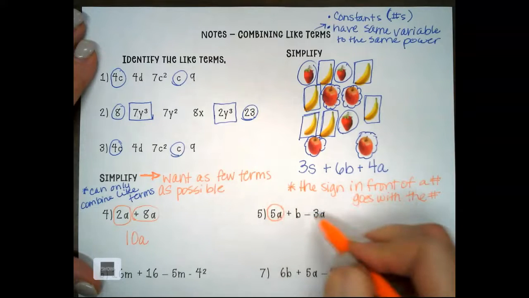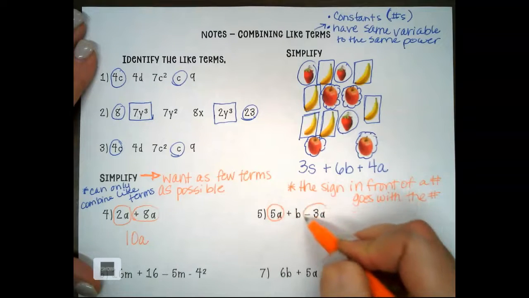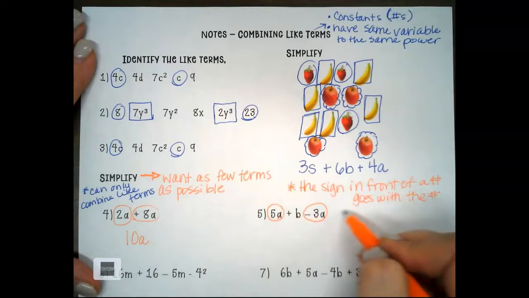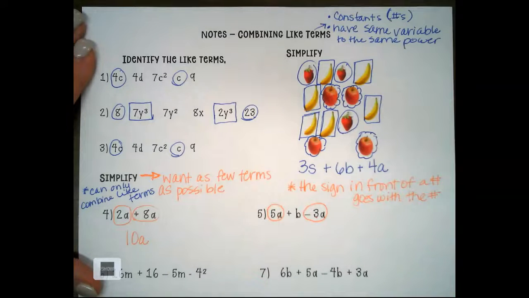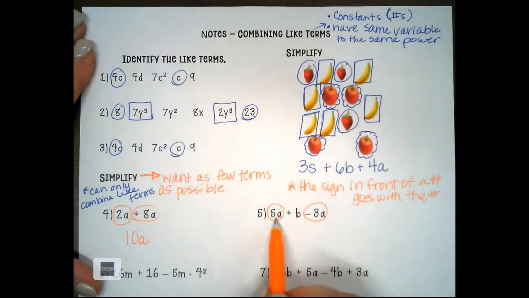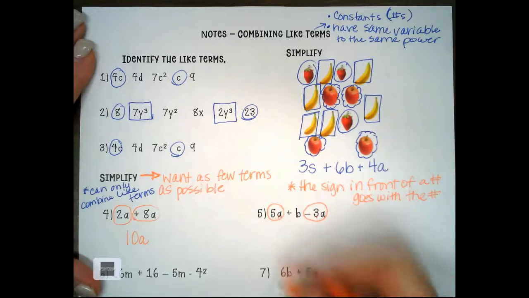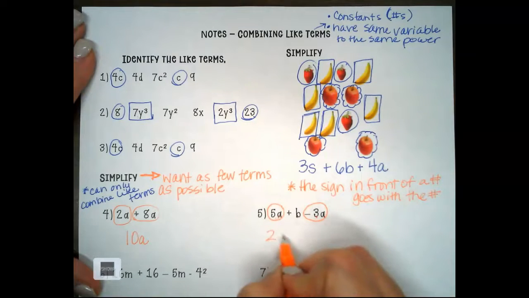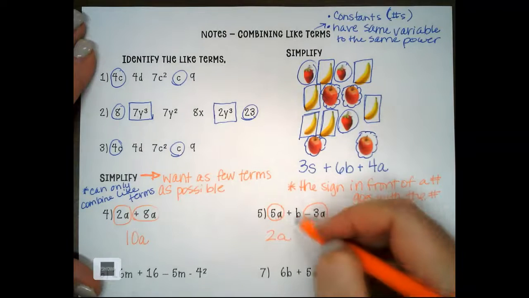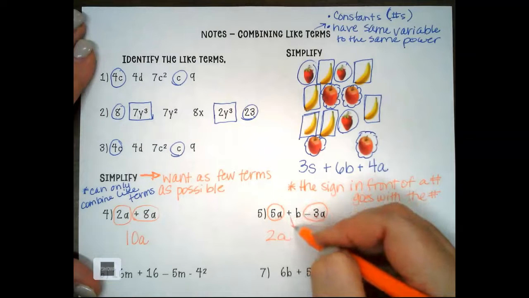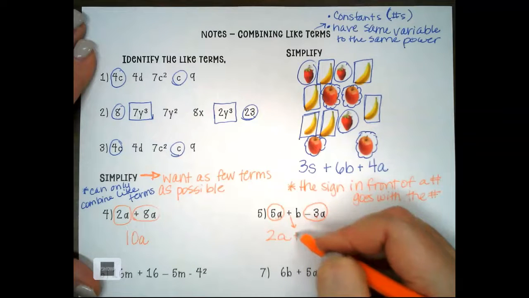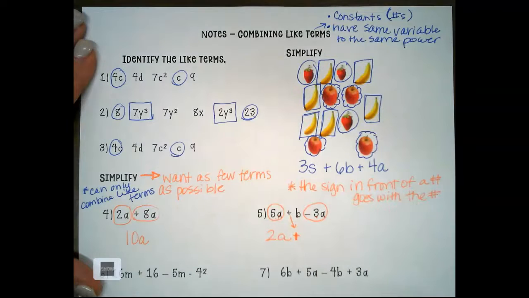So I have 5A, and then this says minus 3A. That's why the sign in front of the number goes with the number. That lets me know I have 5 apples, and I'm taking away 3 apples, so that leaves me with 2 apples.